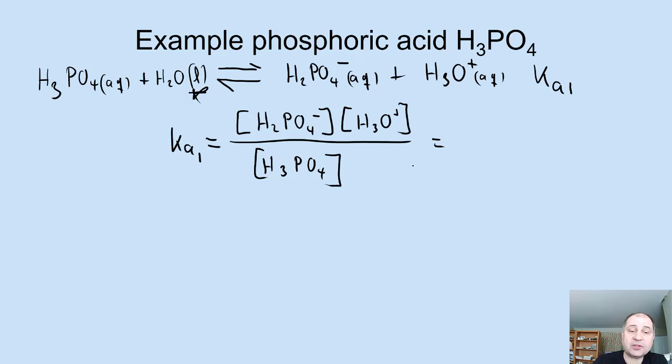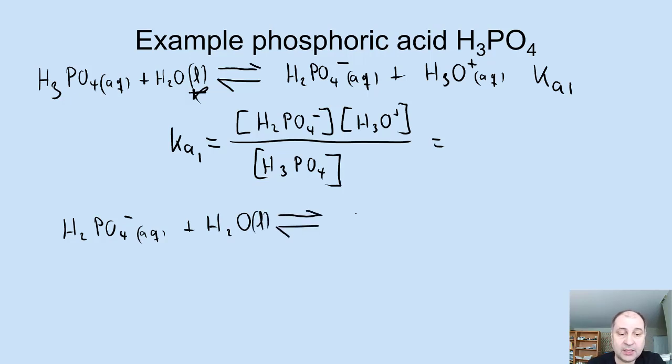We also understand what we just learned in the previous lectures, that the conjugate base, H2PO4, can react with water, and where now water is going to act as a base. Again, it's important that this is liquid, and the result then would be phosphoric acid, H3PO4, aqueous, and hydroxide ion.